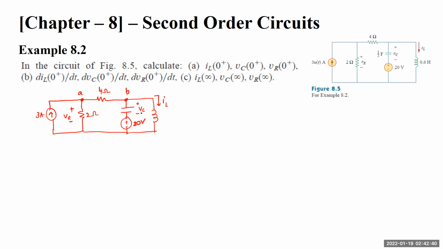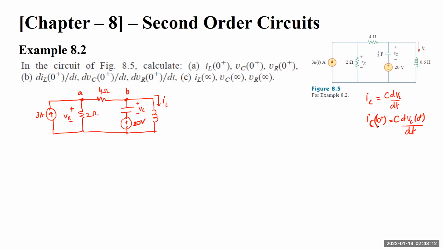And we also know, remember the capacitor equation, IC equals C times dV by dt. And we can also write it as IC 0 positive is equivalent to C times dVC 0 positive divided by dt, right? So now we have to basically find out this value.